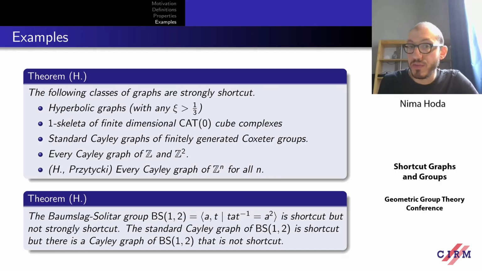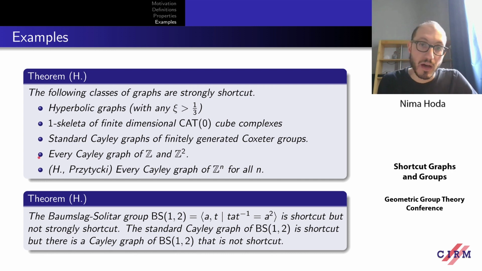And a result of Niblo and Reeves then automatically implies that the standard Cayley graphs of finitely generated Coxeter groups are strongly shortcut, because their cubulation gives an isometric embedding of these Cayley graphs into finite dimensional one skeleta of finite dimensional CAT(0) cube complexes, and so that follows.